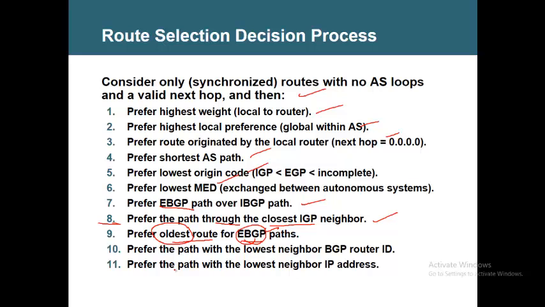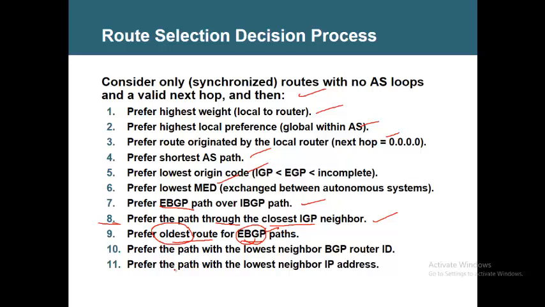There cannot be a tie in this 10th attribute. 99.99999% router ID will be a tiebreaker. It prefers the neighbor whose router ID is lowest. Definitely one guy's router ID will be lower than the other one because router IDs are not duplicated.